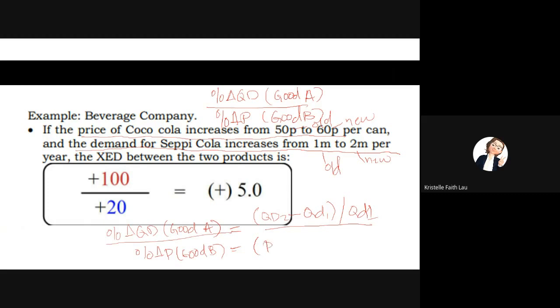So, P2 minus P1, divided siya sa P1. Okay, so let's calculate.